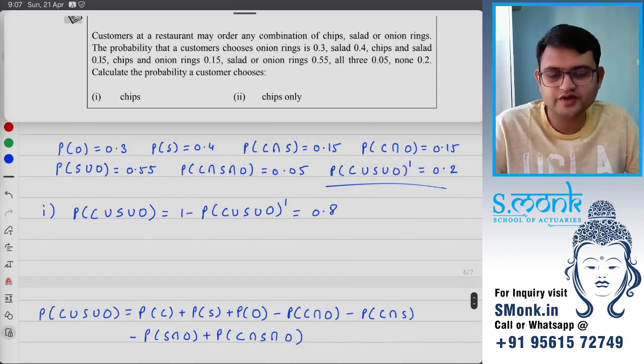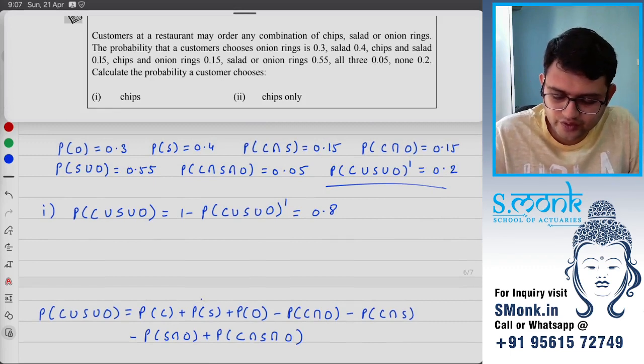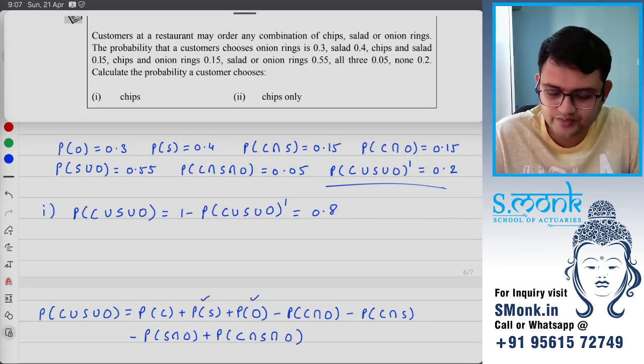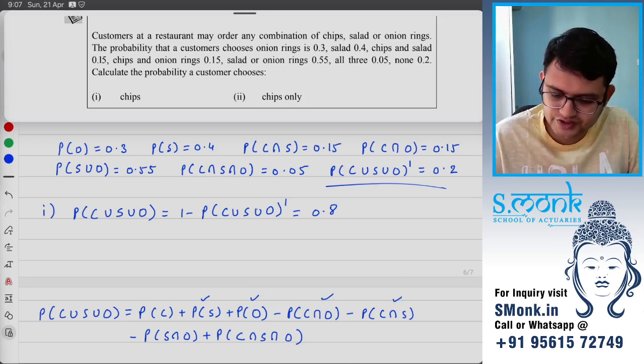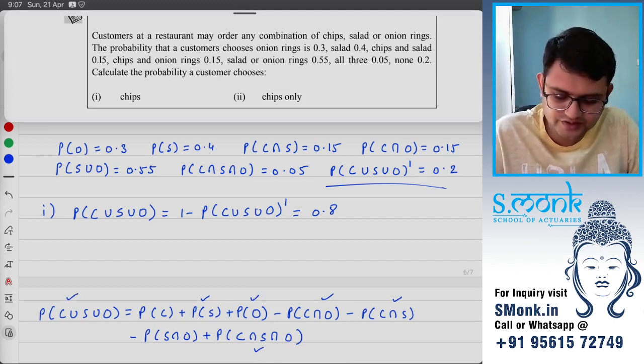Now again, from the given information, what all do we have and what we don't? So we have PS, we have PO, we have C intersection S, we have C intersection O, and we have the triple intersection. These values are directly given to us. We also have the union.